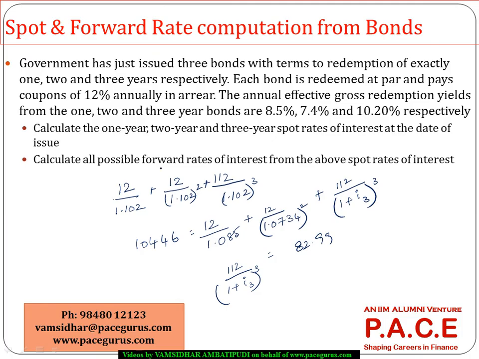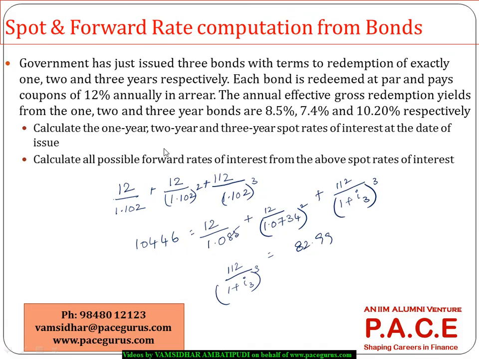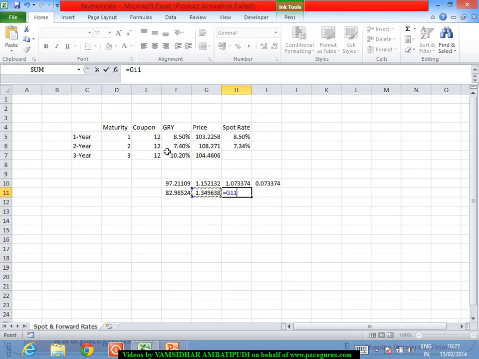So 1 plus I3 cubed is 112 divided by 82.99. The cube root of it gives me 1 plus I3, and subtracting 1 gives I3.